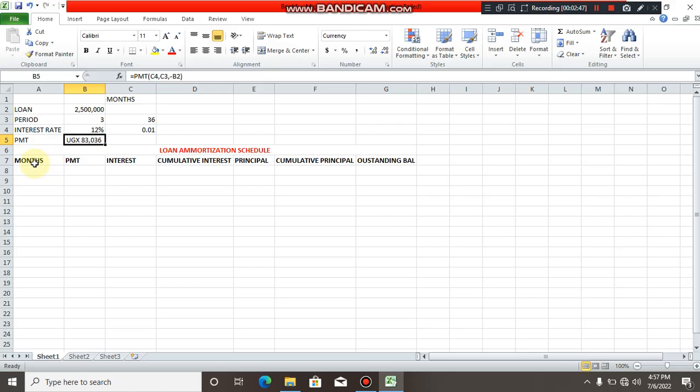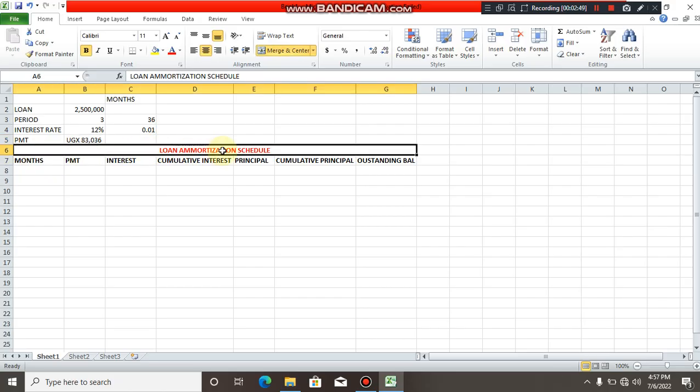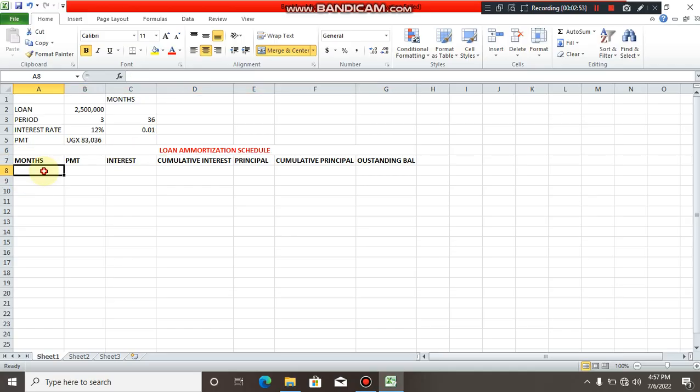So let's go to our schedule. With the title loan amortization schedule, as you can see. The months can start from 0, 1 up to 36 months. There are very many techniques of doing that quickly.